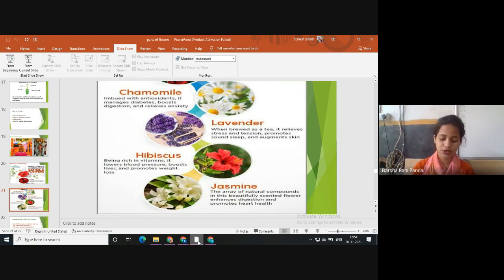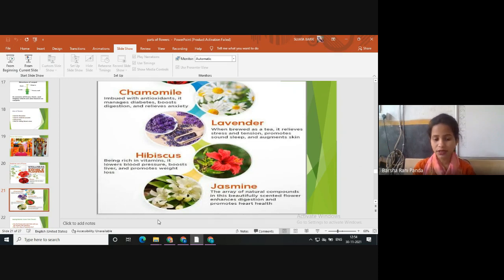नेक्स्ट है हिबिस्कस, जो कि हमने अभी आपको दिखाया था. It is very rich in vitamins. It lowers the blood pressure, boosts the liver, and promotes weight loss. तो हिबिस्कस फ्लावर के बहुत सारे बेनिफिट्स हैं. हम उसे यूज कर सकते हैं हमारे हेयर्स में, and it is also a very rich source of vitamins which make our hair healthy. It also reduces the blood pressure, also makes our skin texture plain, and also promotes weight loss.